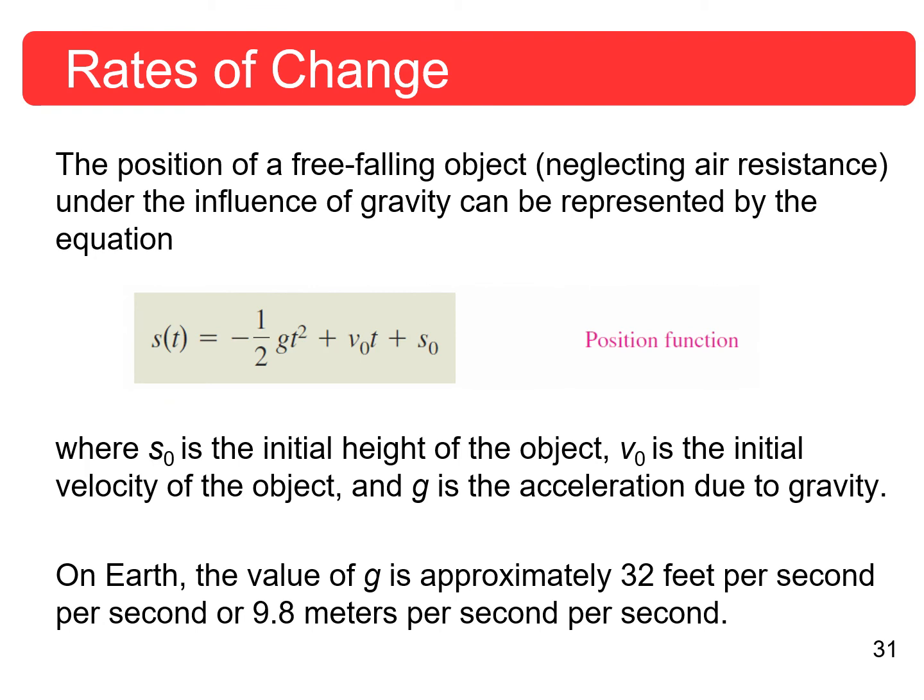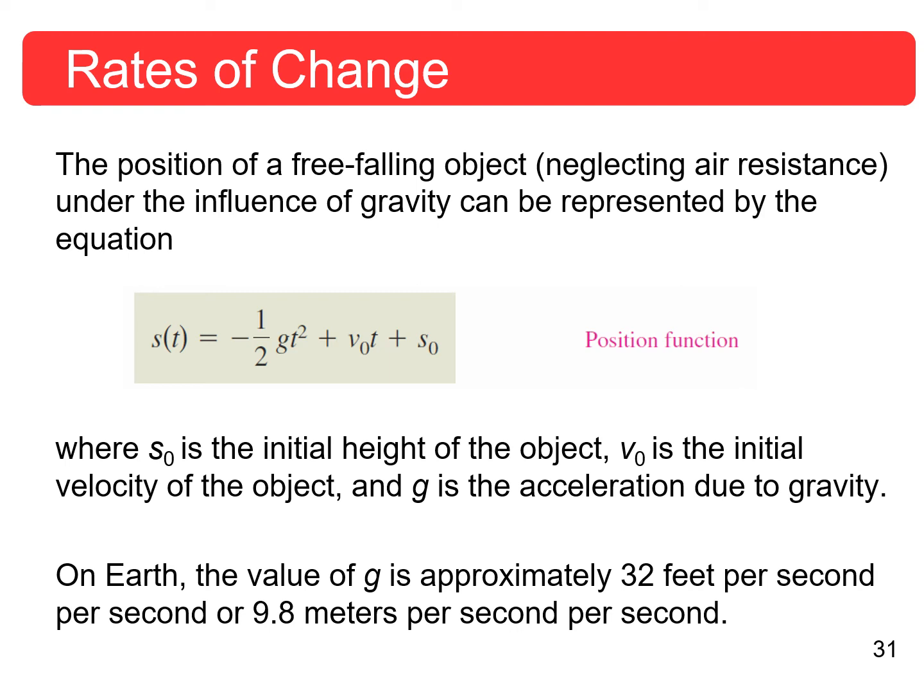Now, the position of a free-falling object, neglecting air resistance under the influence of gravity, can be represented by this expression here, where g is the acceleration due to gravity, t is time, v sub 0 is the initial velocity, and s sub 0 is the initial height of the object.